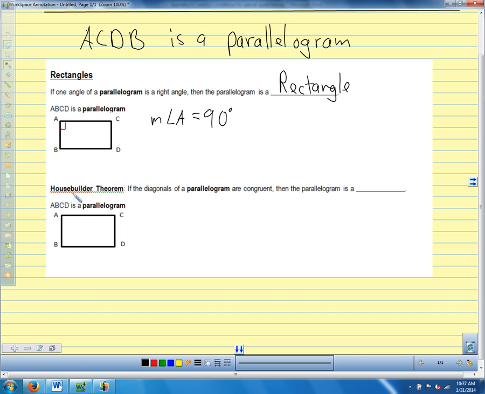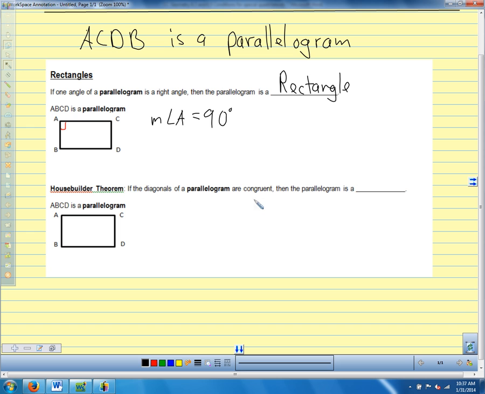The next one is called the house builder theorem. Our book doesn't really emphasize that much, but if you search things about rectangles, you'll find references to the house builder theorem. I'll talk about why it's called that in just a second.